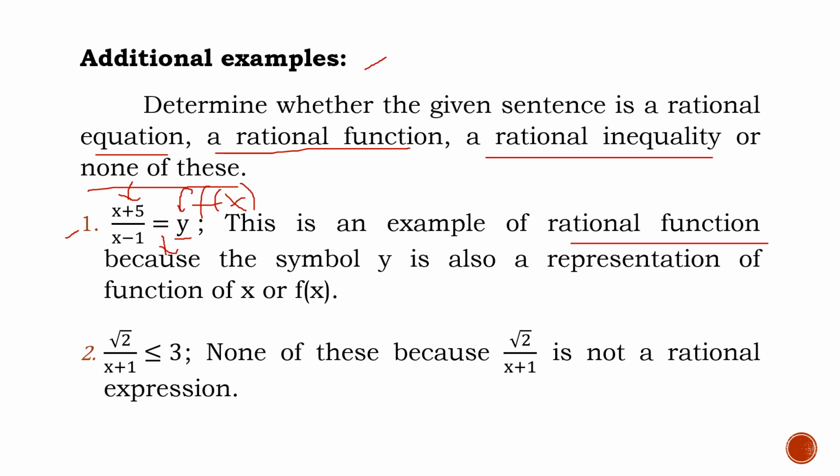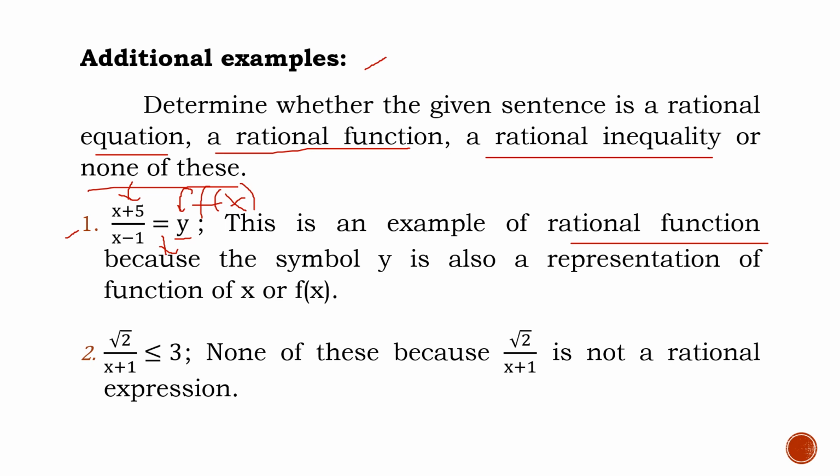That's why I always say that if you're dealing with a rational function, you're simply dealing with two variables involved. One side is all about your y, and the other side of your function is the ratio between your two polynomials, wherein you need to check that your denominator is not equal to 0, then it is a rational function. If the denominator is equal to 0, then this given is not a rational function.